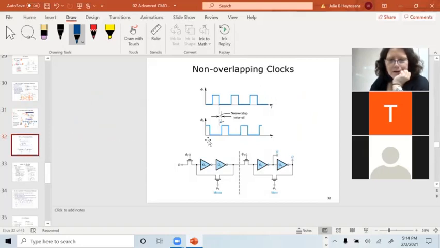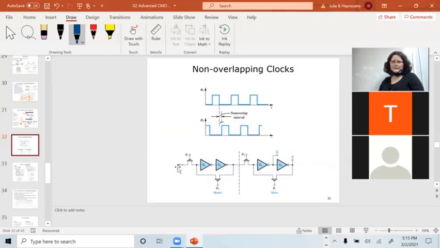If I turn both of these on at the same time, then D goes into here, gets inverted twice, and would immediately pass through this one to the output. So D would immediately pass to the output if I turn both those clocks on at the same time.